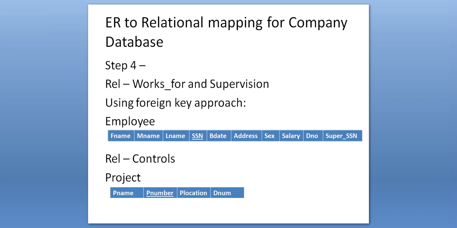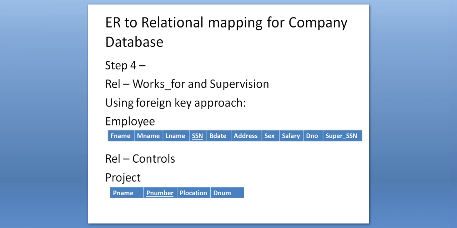For the works for relationship type, using the foreign key approach, we put the primary key of the department relation as a foreign key in the employee relation, isn't it?